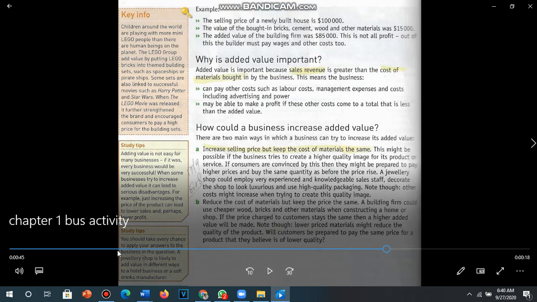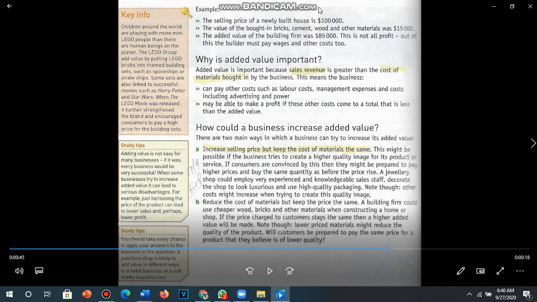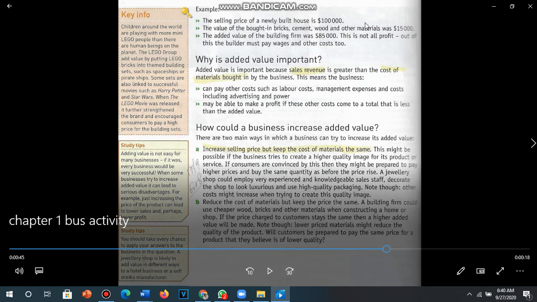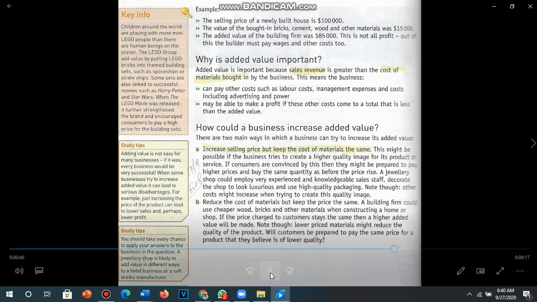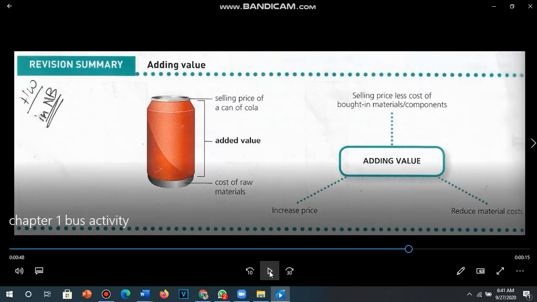Okay, let's see. We have an example given here. If the selling price of a newly built house is 100,000, these are examples for the added value. The added value refers to, let's go to the next page. Here we go.